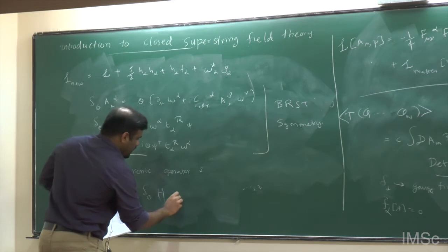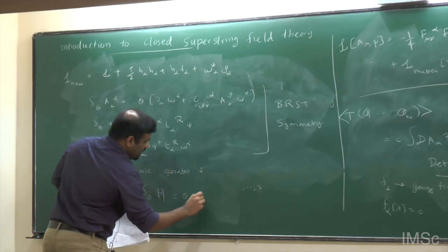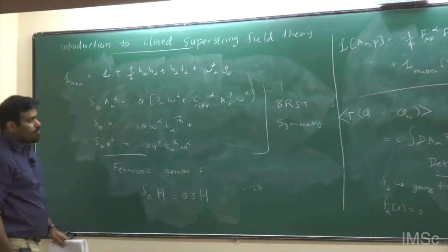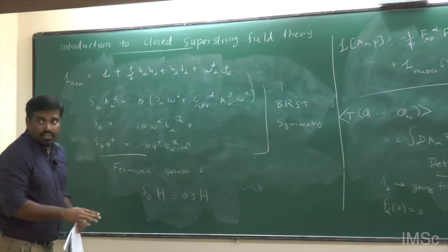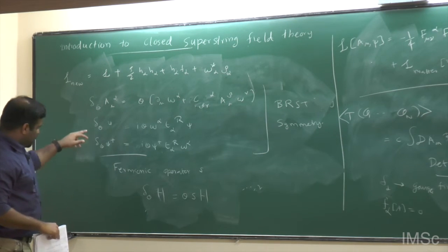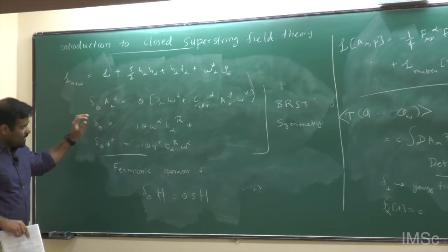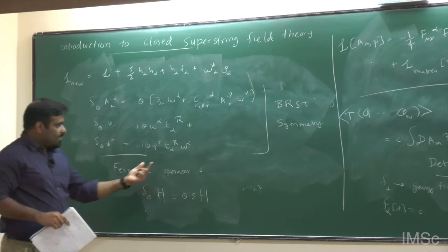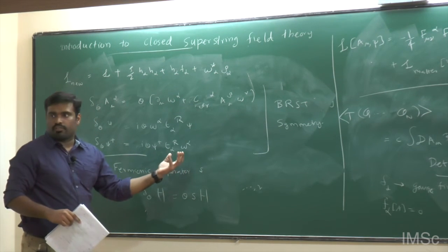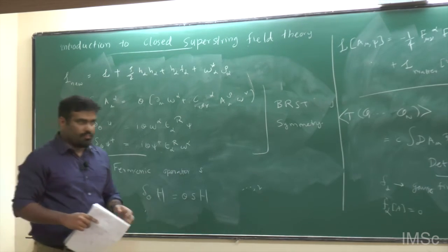This is equal to theta into operator S acting on H. So we introduce the fermionic operator S for convenience. You can observe that the delta theta variation is a bosonic variation, while the operator S induces a fermionic variation. So that's actually convenient.